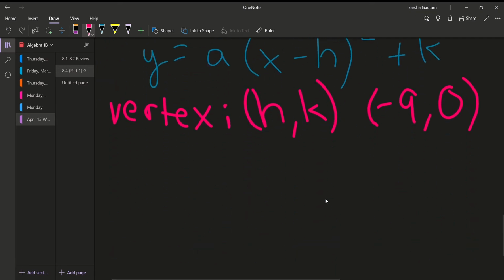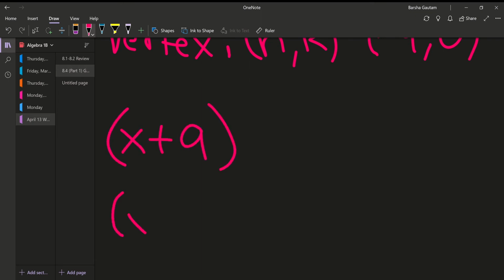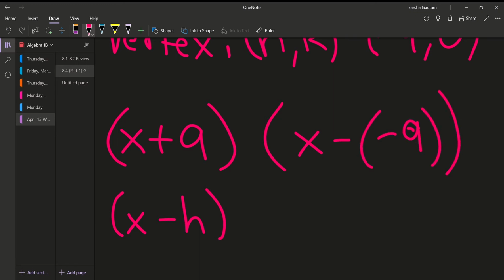If this is a little confusing, I'll try to show you what it looks like right here. So x plus 9, and our equation here is x minus h. In order to get that, we'd have to change it to x minus negative 9 to make it represent something like this.